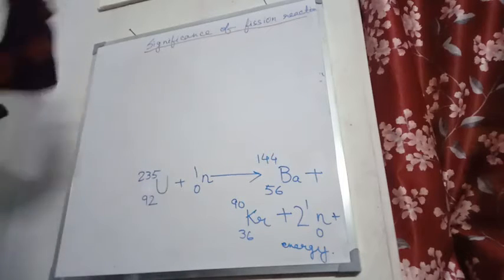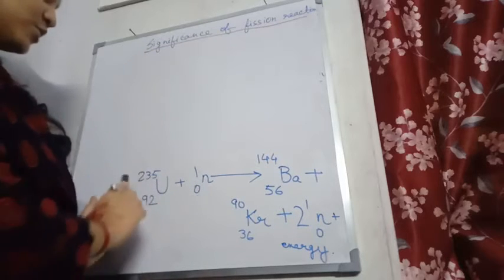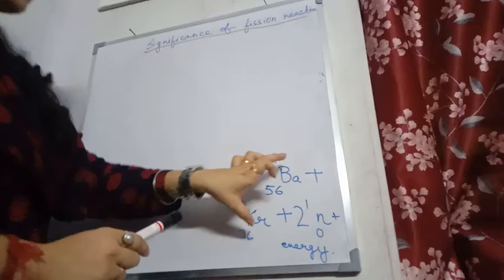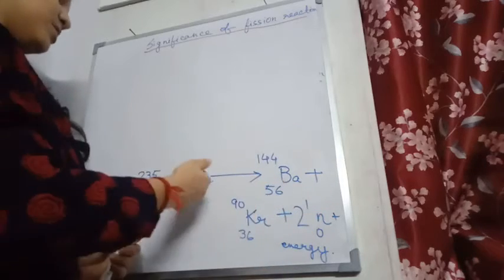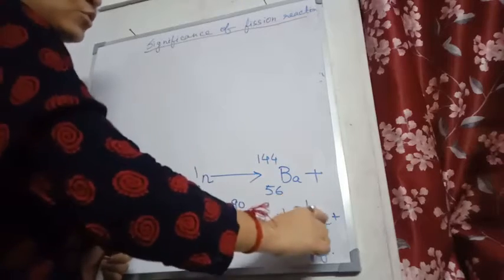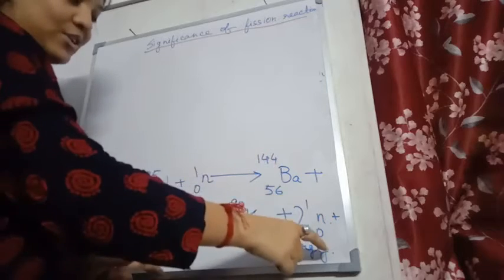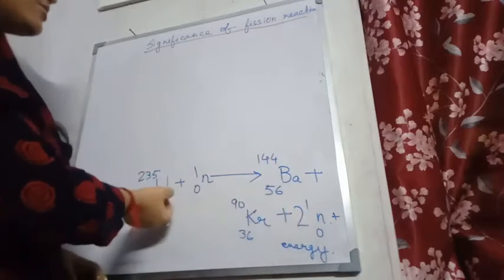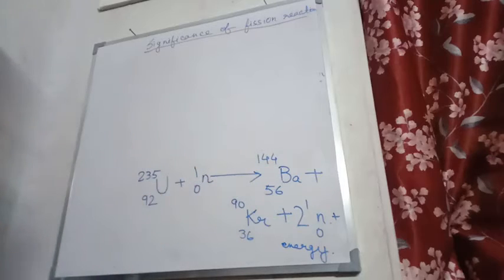Here 1 neutron strikes a uranium nucleus to give products, 2 neutrons and energy. Since neutrons are required for this reaction, the 2 neutrons emitted in a given reaction can separately react with other uranium nuclei.